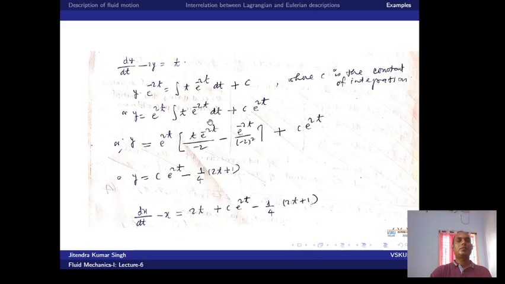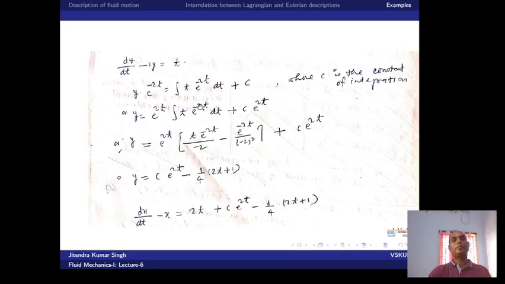Now we shall solve this integral by integration by parts. So y is equal to e to the power 2t times: take t as the first function and e to the power minus 2t as the second function. First function into integral of second, that is t into e to the power minus 2t by minus 2, minus the integral of the differentiation of first, which is 1, times the integral of e to the power minus 2t.